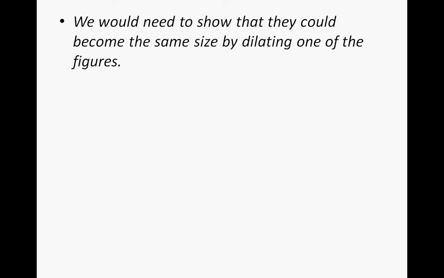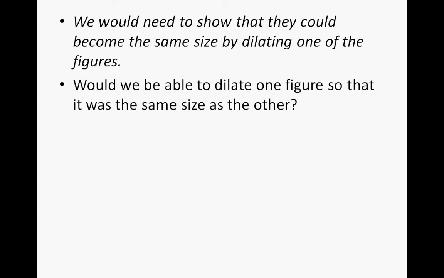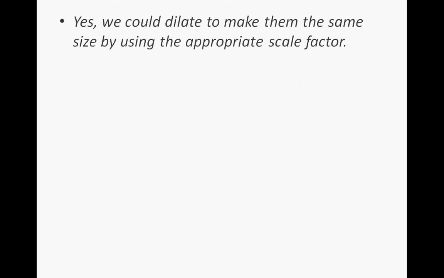Well, we would need to show that they could become the same size by dilating one of the figures. So hopefully these are similar, and we would have to dilate one figure to see if it will map onto the other figure. Would we be able to dilate one figure so it was the same size as the other? And the answer would be yes. We could dilate to make them the same size by using an appropriate scale factor.